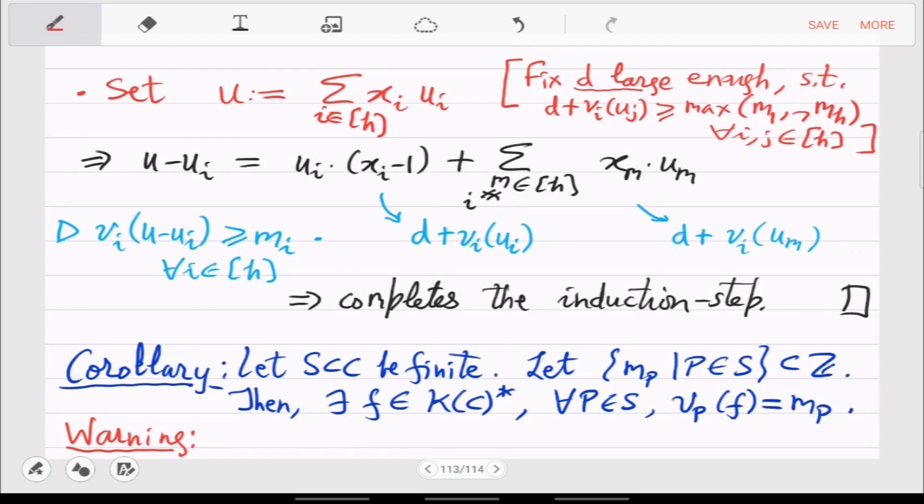This f that you have, it may have other poles and zeros outside S. So zeros of f and zeros of 1 over f may actually be strictly bigger than S. Okay, this corollary is not saying that the zeros and the poles are just S. There potentially could be points which are outside what you were given in the input, which is S.